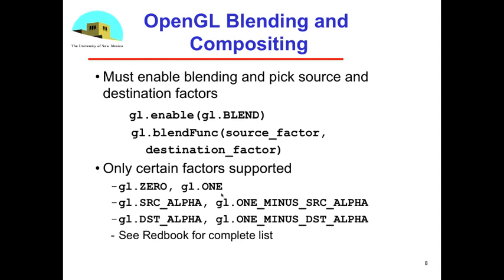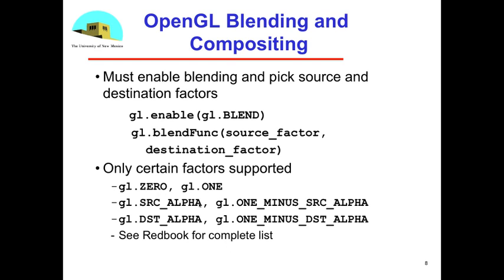So the ones we're going to talk about, and the ones in WebGL are slightly limited over what's available in the full desktop GL, and you can look in either the Red Book, the OpenGL programming guide, or the WebGL programming guide to get the complete list.